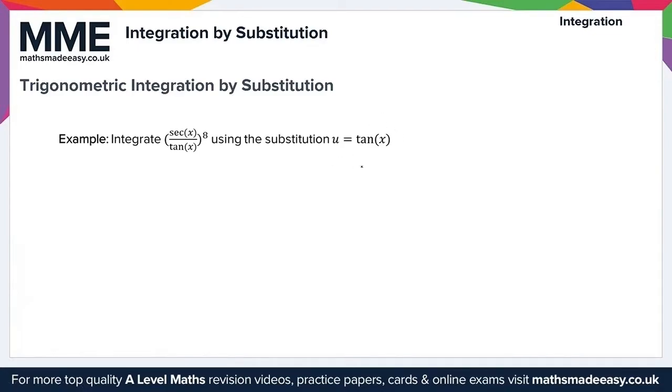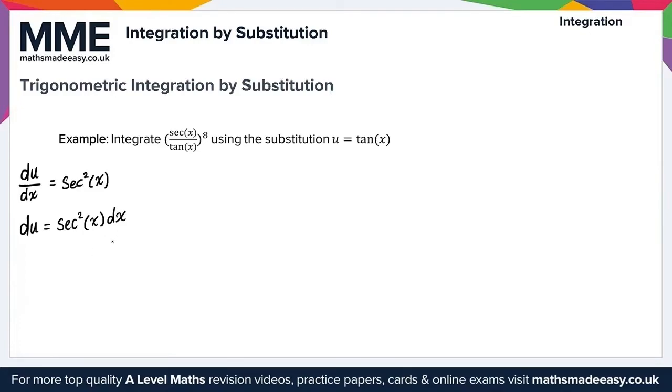As we've been given u, first let's find du by dx. Here, du by dx would simply be sec squared x. And once we've found du by dx, we want to find du and then dx. So du here is simply sec squared x dx.